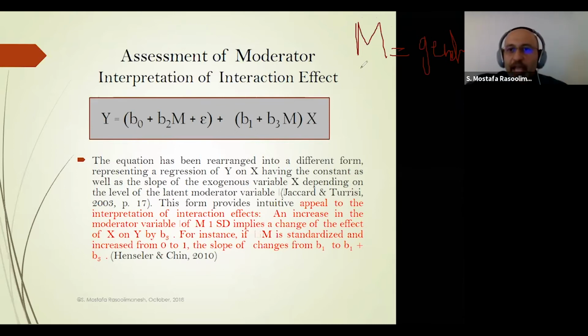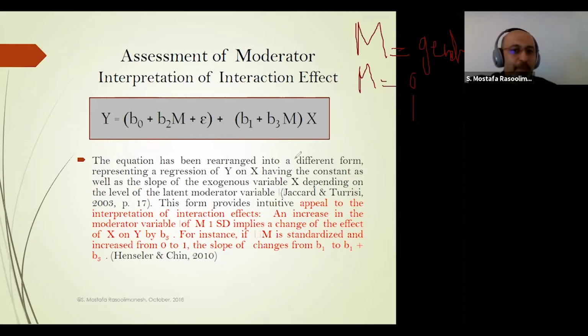M is 0 for the low level and 1 for the high level of M, because for the moderator we have only two levels. We want to compare these two levels and see what happens to the relationship between X and Y when the moderator changes. In a simple way, we consider M with two levels, 0 and 1.